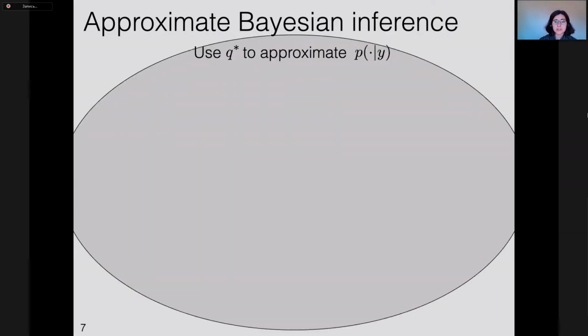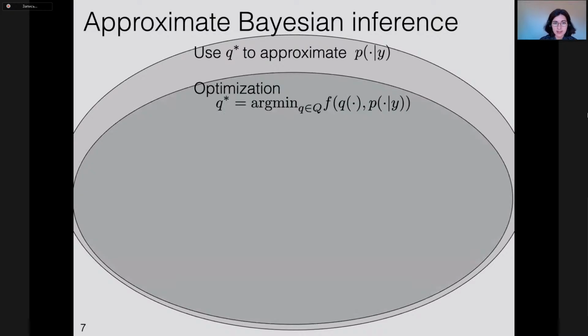In particular, we want the posterior, as a function of theta, the unknown parameter, given some data y, where y represents everything we've seen. We approximate that posterior with some distribution we call Q star. That was the first choice we made.